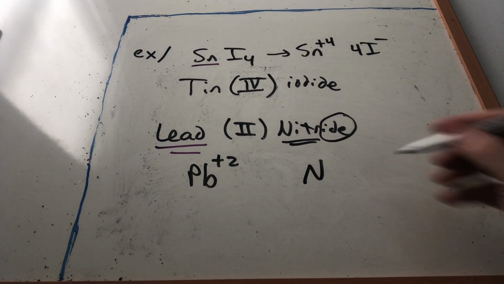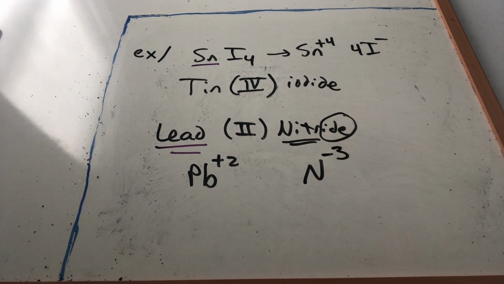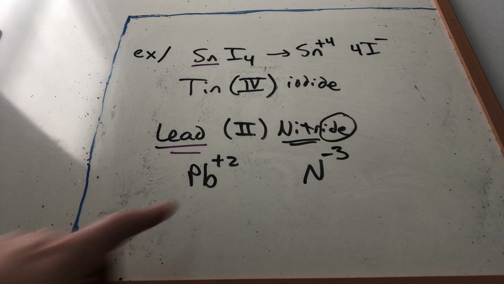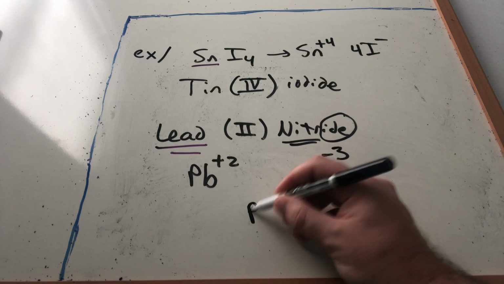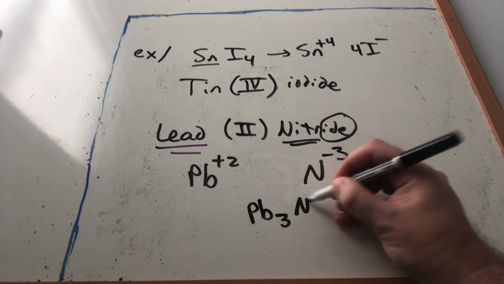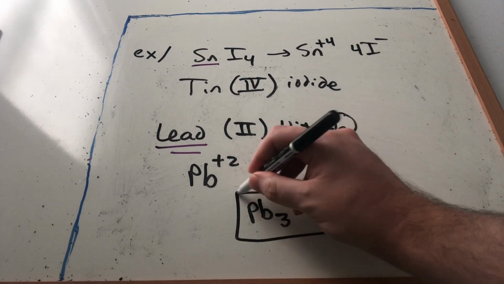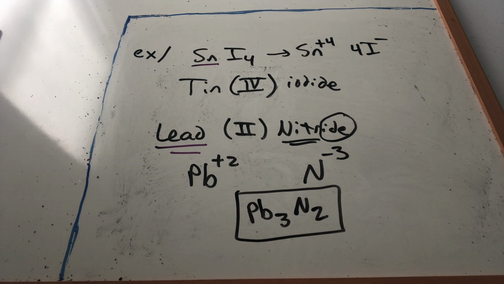Nitrogen's group is 5A, and group 5A has a -3 charge. So again, we're hitting +6 and -6 to balance out the charge. What we end up with is Pb3N2, something completely balanced and neutral, but also a bunch of pluses and minuses stuck together.